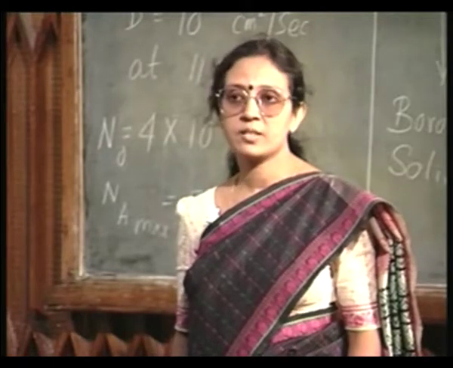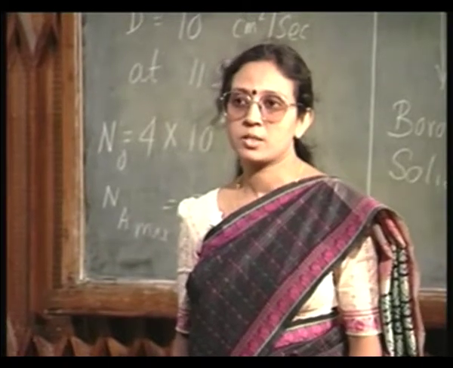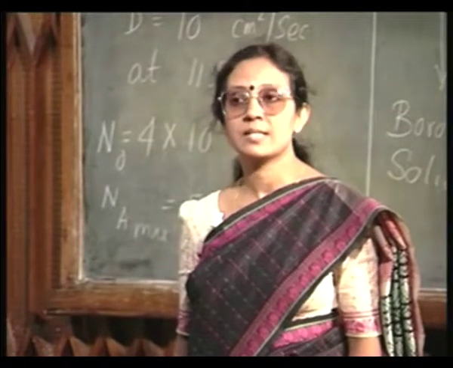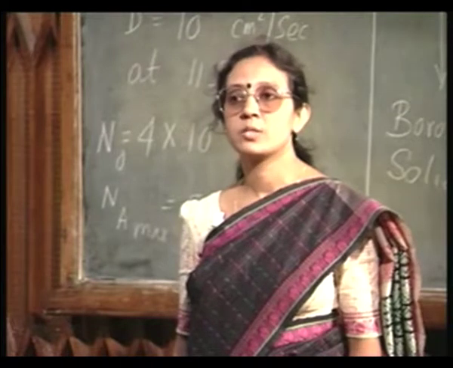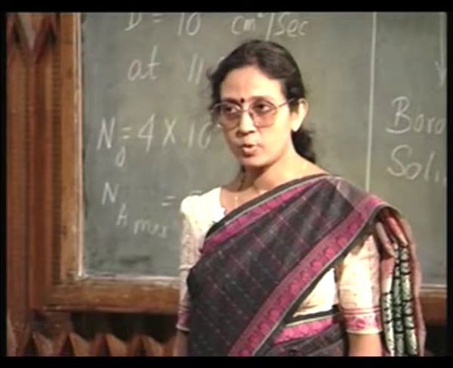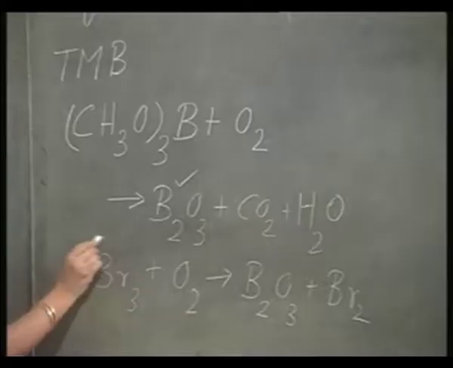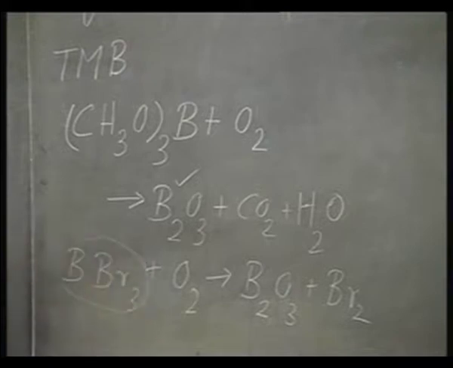The second disadvantage is, if these halogens, chlorine, bromine, etc. are present in excess, it will cause halogen pitting of the semiconductor surface. So, excess bromine pitting might occur. So, you have to control the amount of this boron tribromide.